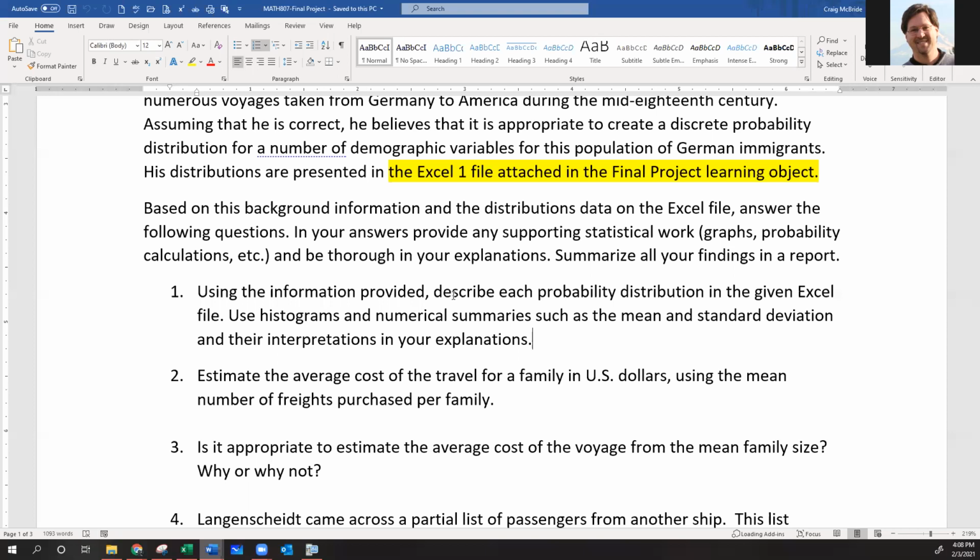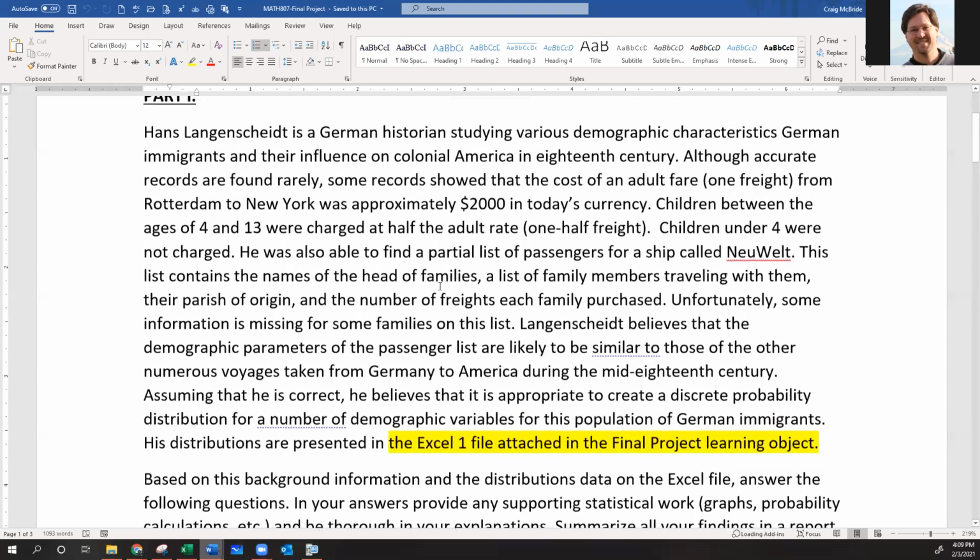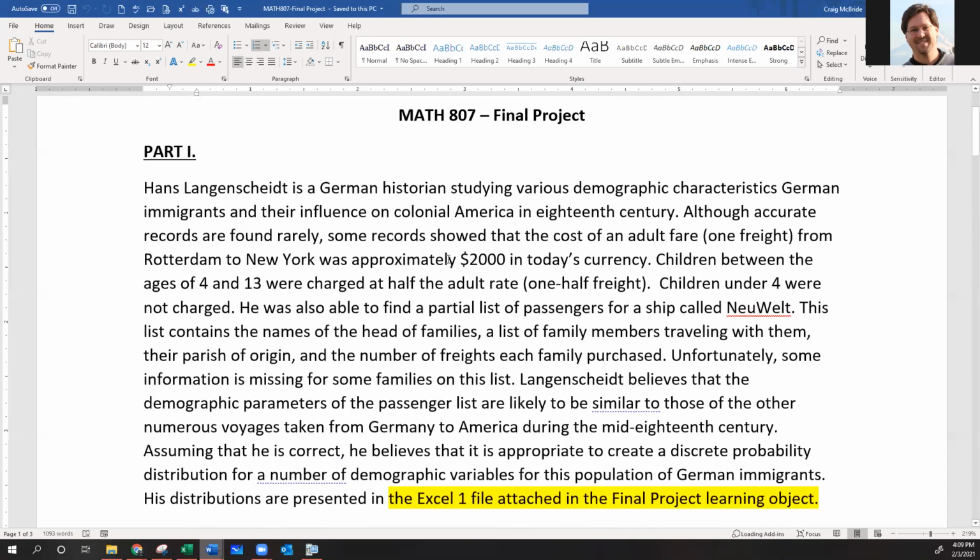You want to use the mean number of freights that you calculated from part 1, and then simply multiply that by the 2000.